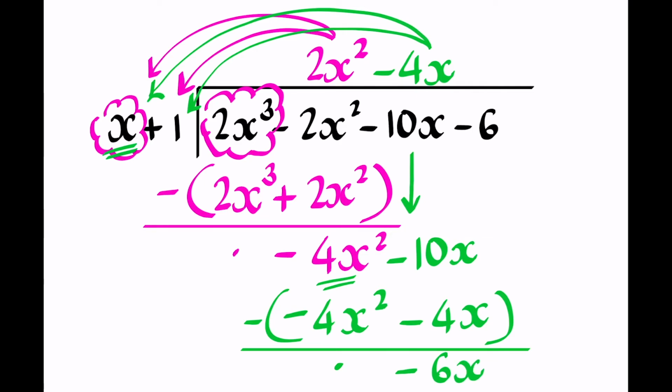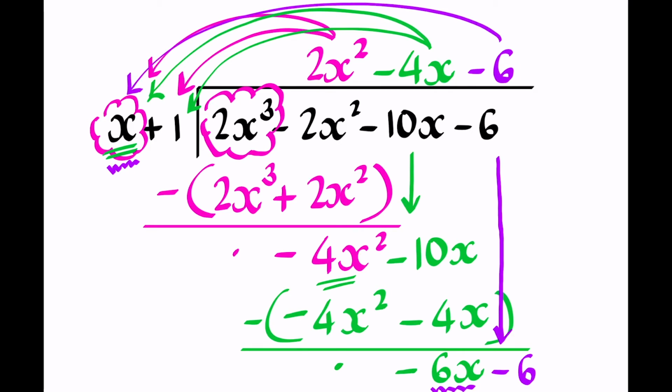Now I'm going to carry down my negative 6. I take again the highest degree of one expression and divide it by the highest degree of the second expression. So minus 6x divided by x is negative 6. I then take that negative 6 and multiply it again with both of these terms.